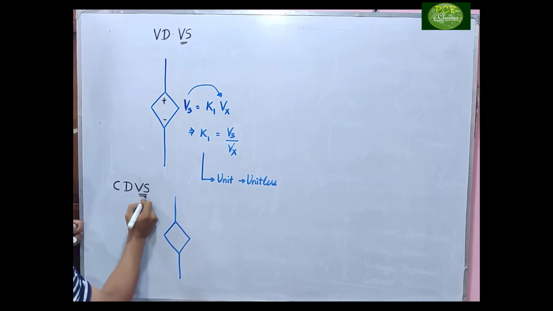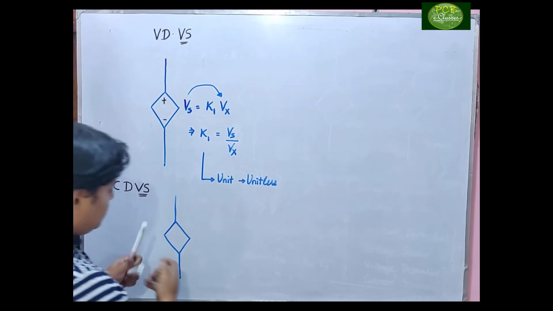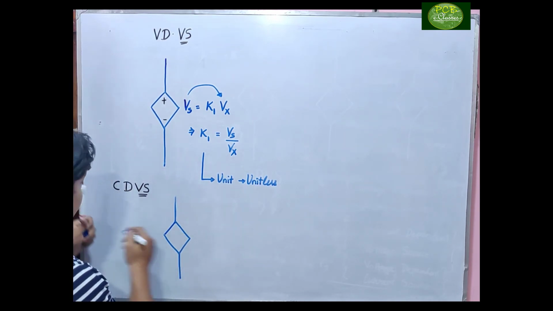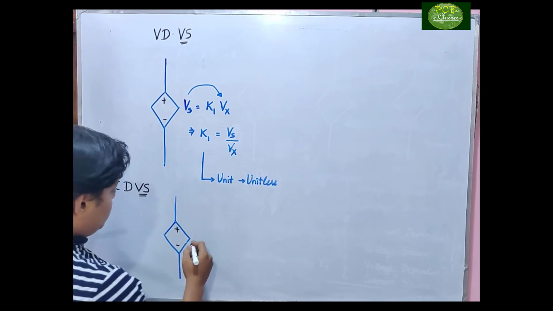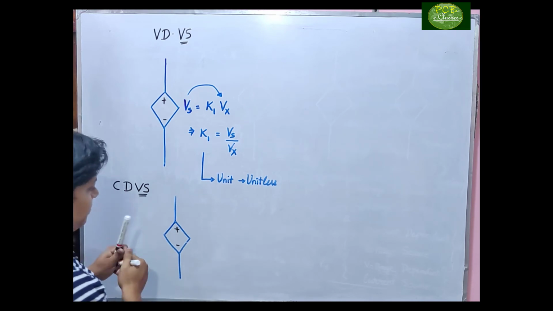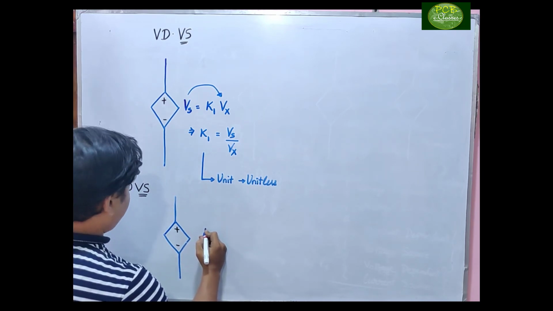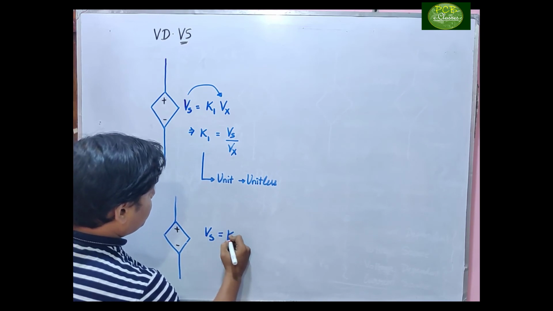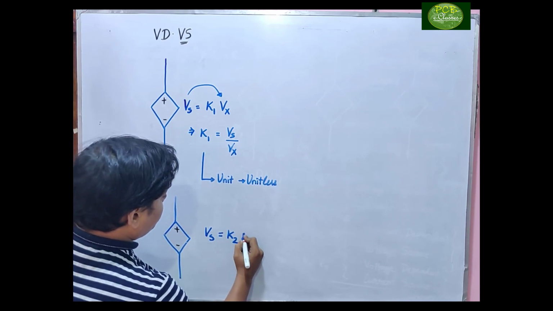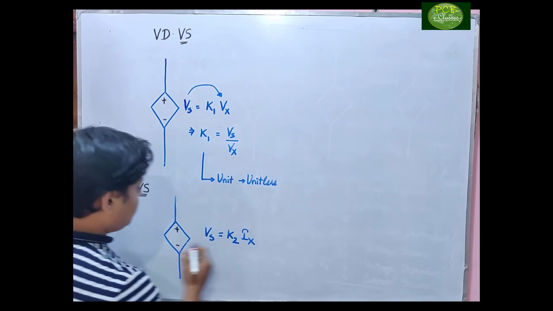What is the source here? Voltage source. Fine. So it is taken with positive, negative voltage source. So what will I represent here? Vs equals K2 times Ix.